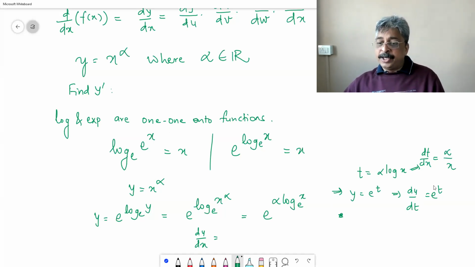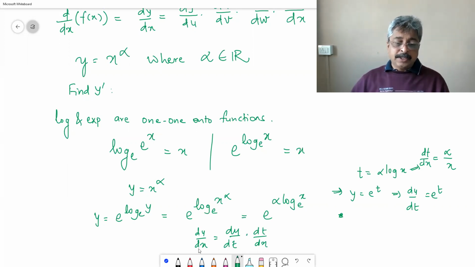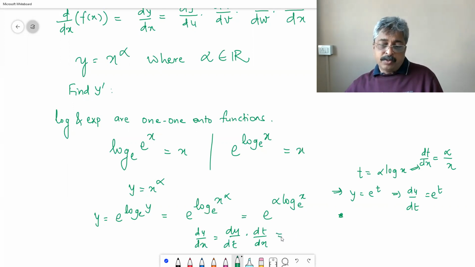So dy by dt into dt by dx is dy by dx. Is that correct? Which is equal to, dy by dt is e raised to t and dt by dx is alpha upon x. However, e raised to t is equal to the given function. Is that right?